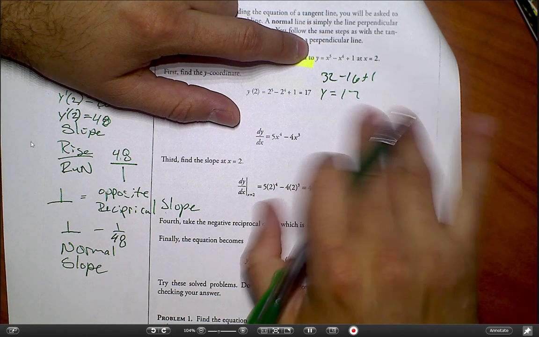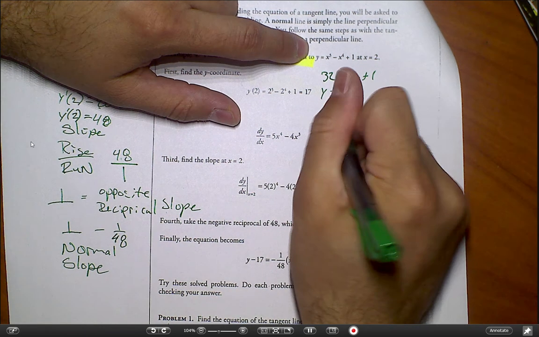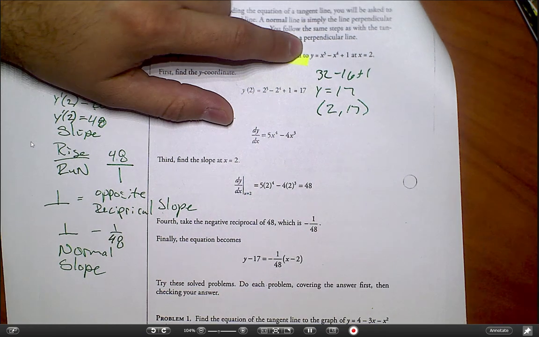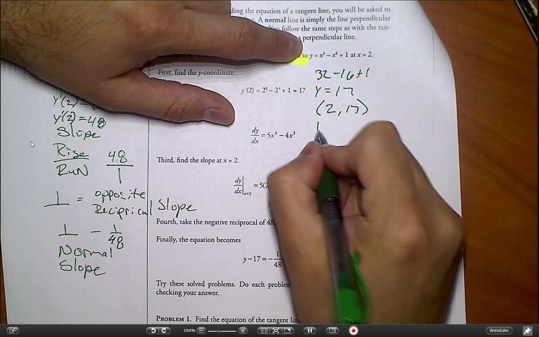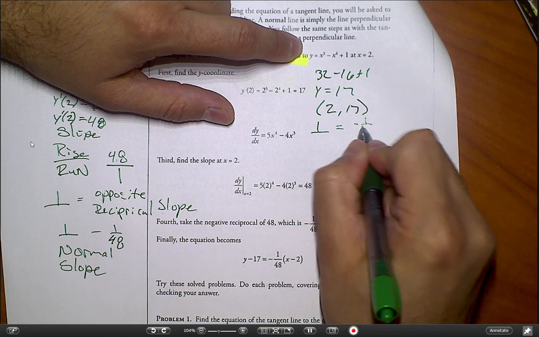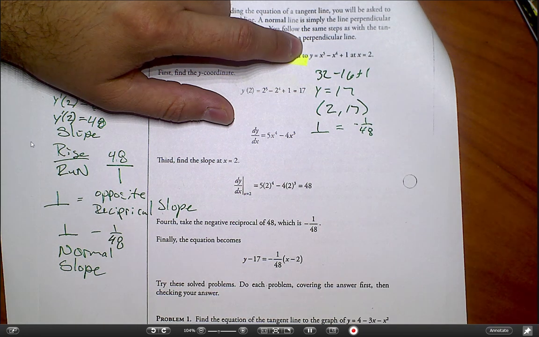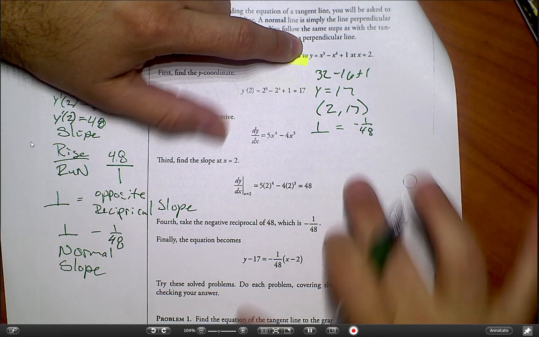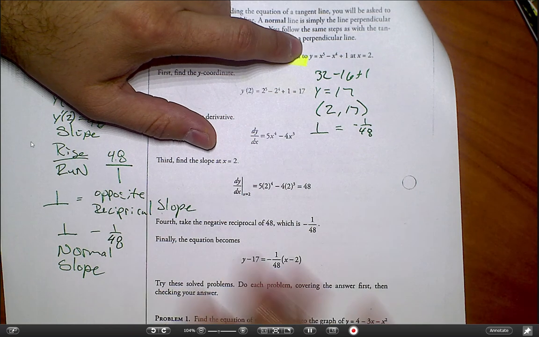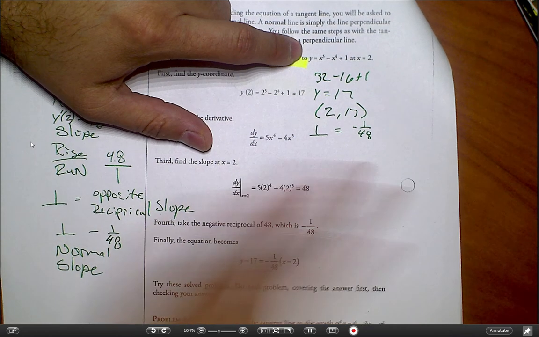Okay, so I now have my point of 2 comma 17, and my perpendicular slope is going to be negative 1 over 48. Plug it into my equation. I know it's actually right here already, but like I said, I like working it out myself.